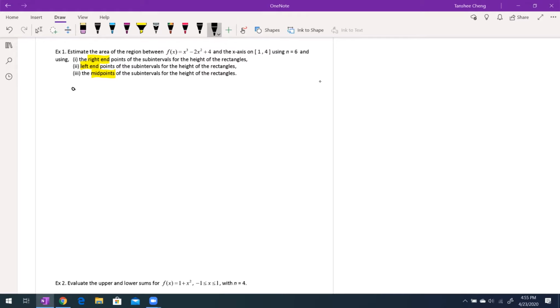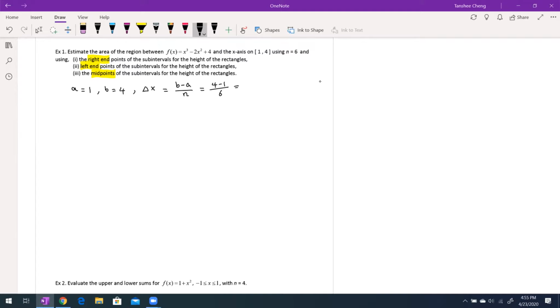In this case, the beginning of my interval is 1. The end of my interval is 4. So to find out the equal width for the rectangle, delta x, that is basically what? B minus a over n, which will give us 4 minus 1 over 6.